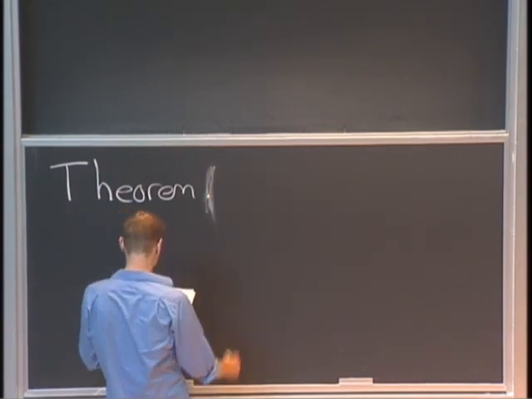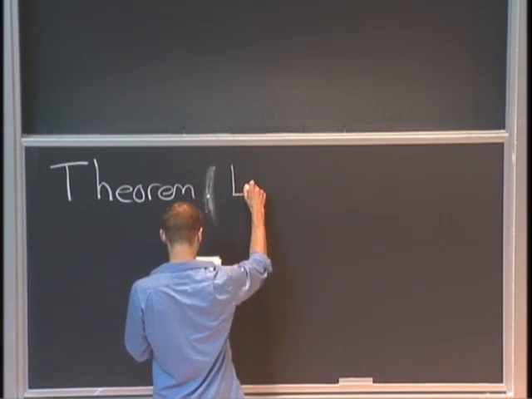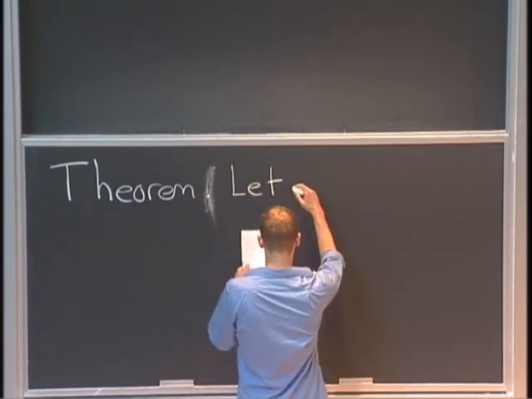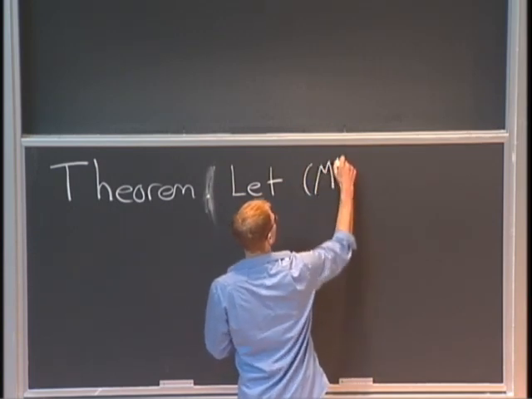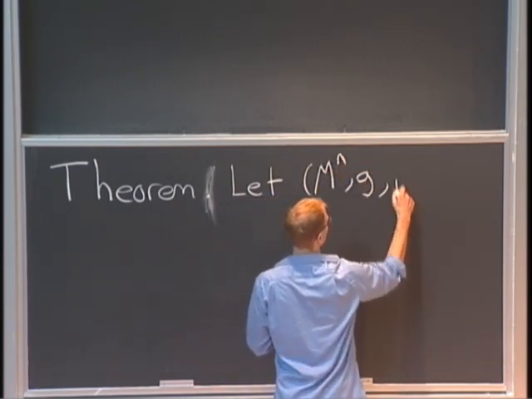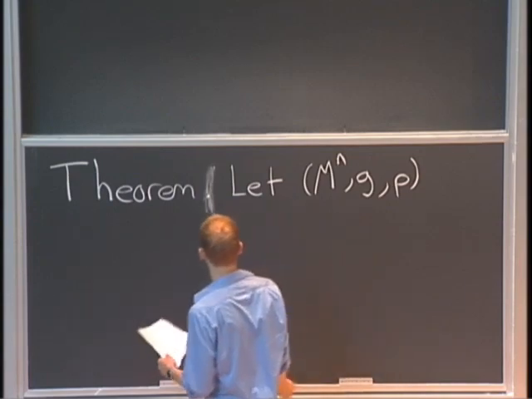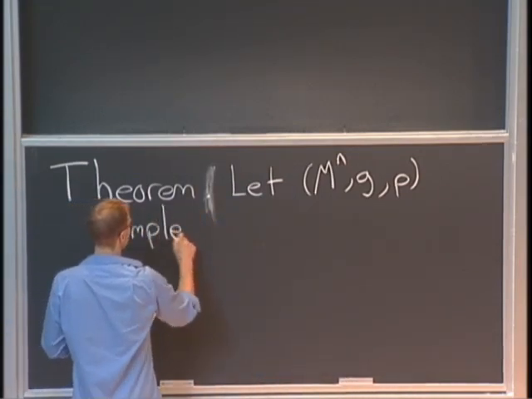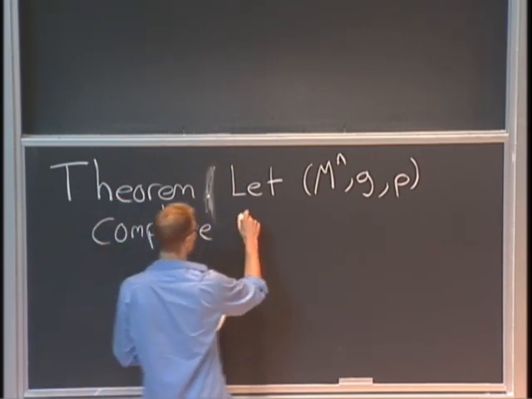And the theorem is the following. Let (M, g, p) be a usual complete pointed Riemannian manifold. And we're going to assume Einstein.